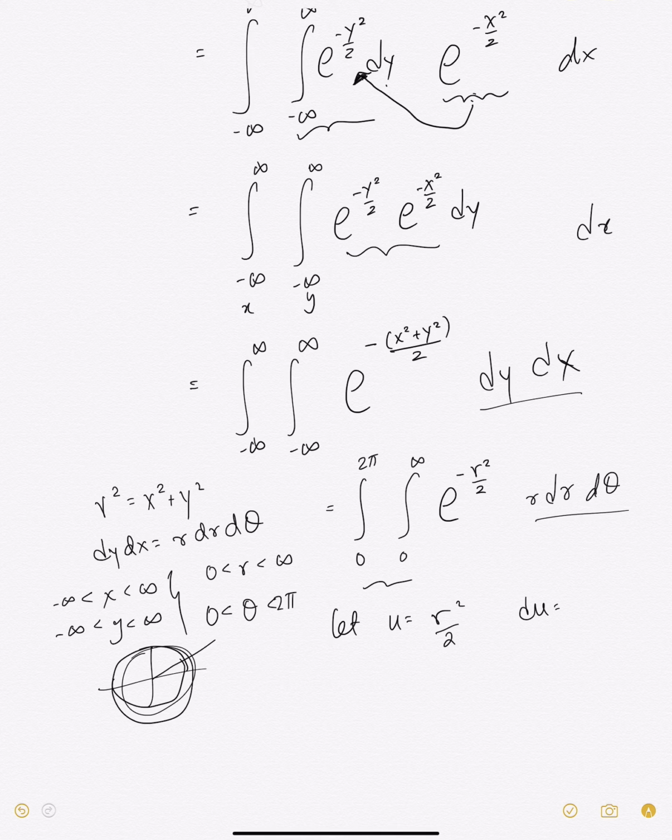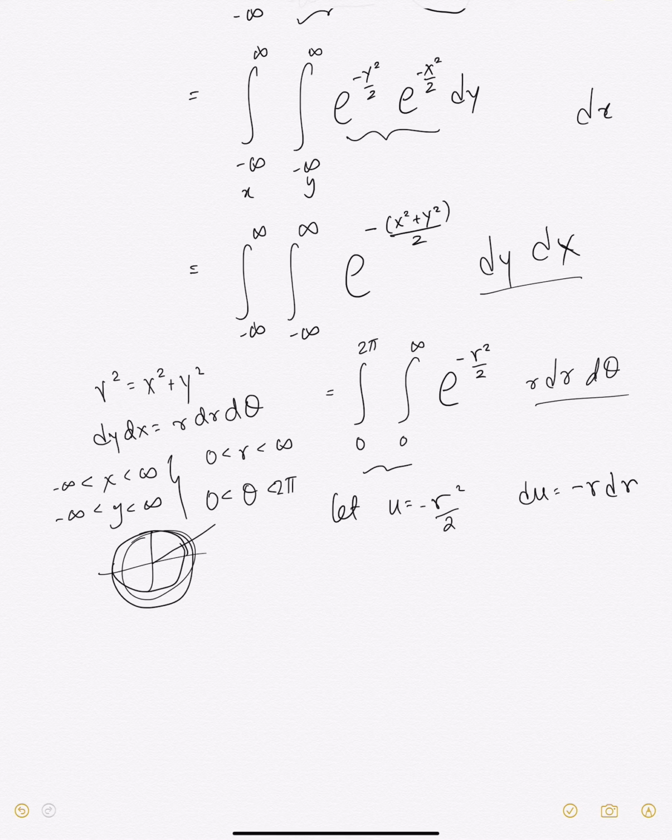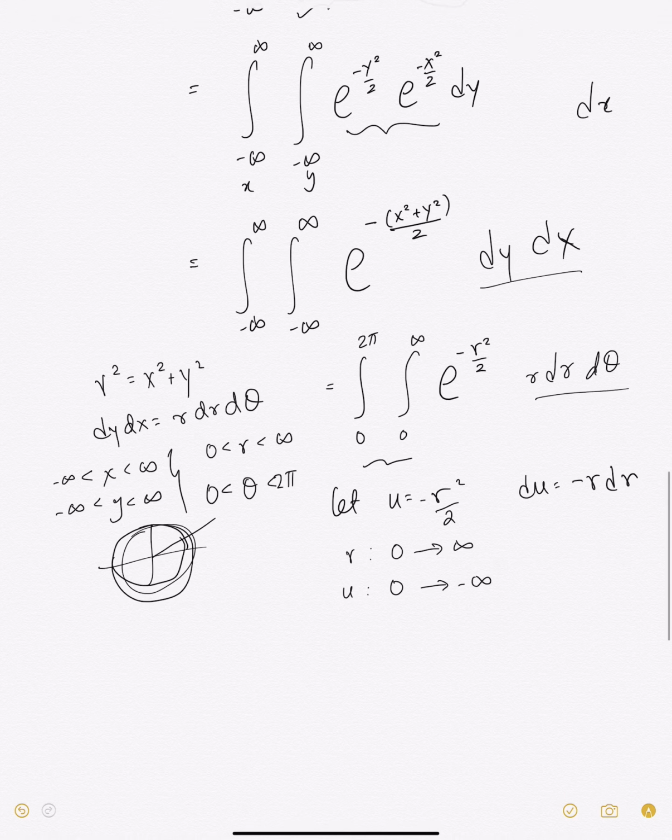Then du is, or minus, okay, let's just do minus, will be minus r dr. And if r goes from 0 to infinity, what will u go from? You will go from 0 to negative infinity, correct?